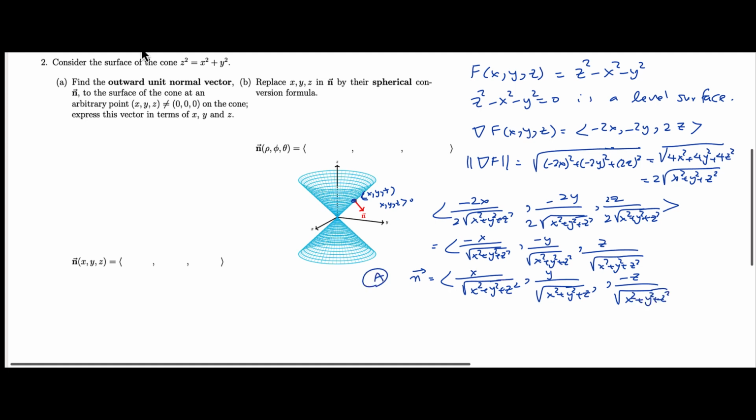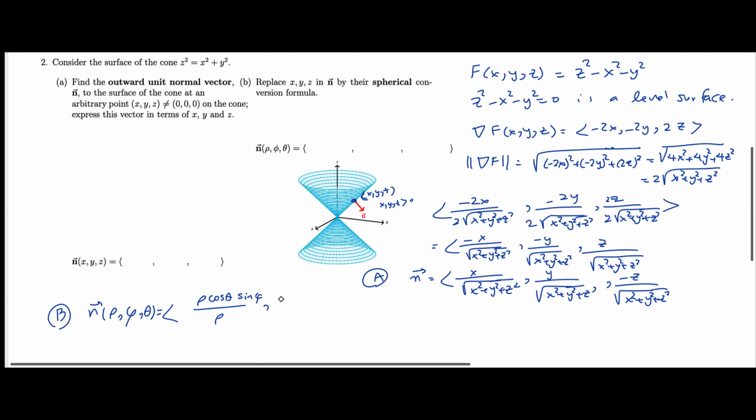So this was part A, and for part B, I have to replace all the x, y, and z with the spherical coordinates. So I get n of rho, phi, and theta to be equal to x is rho cosine theta sine phi. You have to always remember this. This is the distance formula. It's just equal to rho in the denominator.